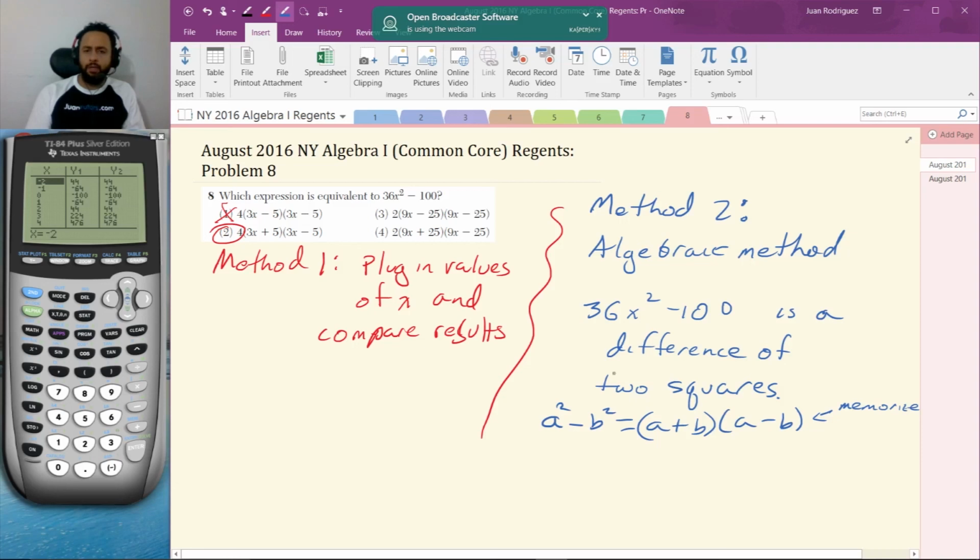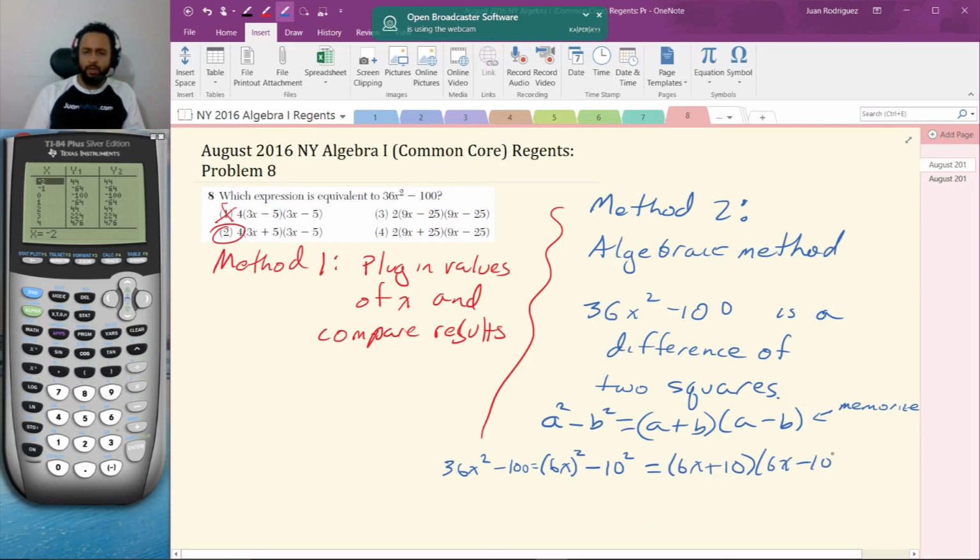Okay, so in this case 36x squared is the square of 6x, so (6x) squared is 36x squared, and 100 is 10 squared. So 36x squared minus 100 is equal to, according to this formula, 6x plus 10 times 6x minus 10.